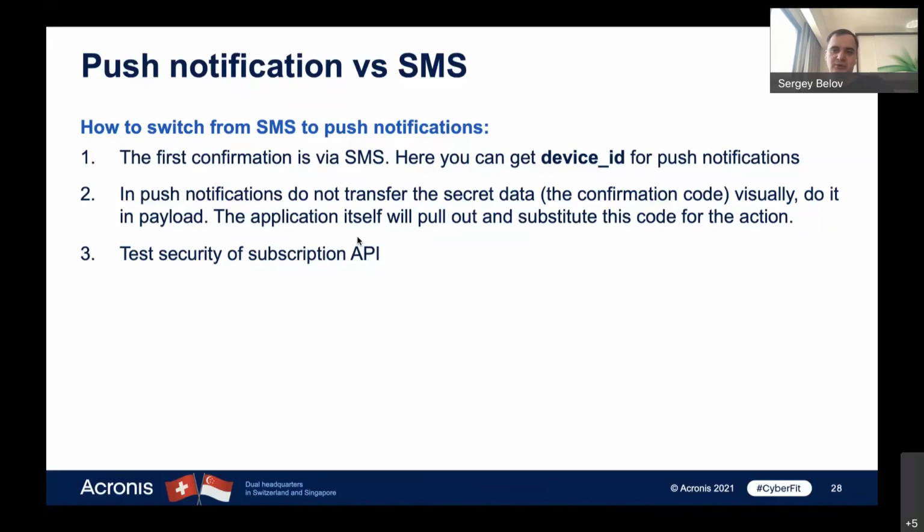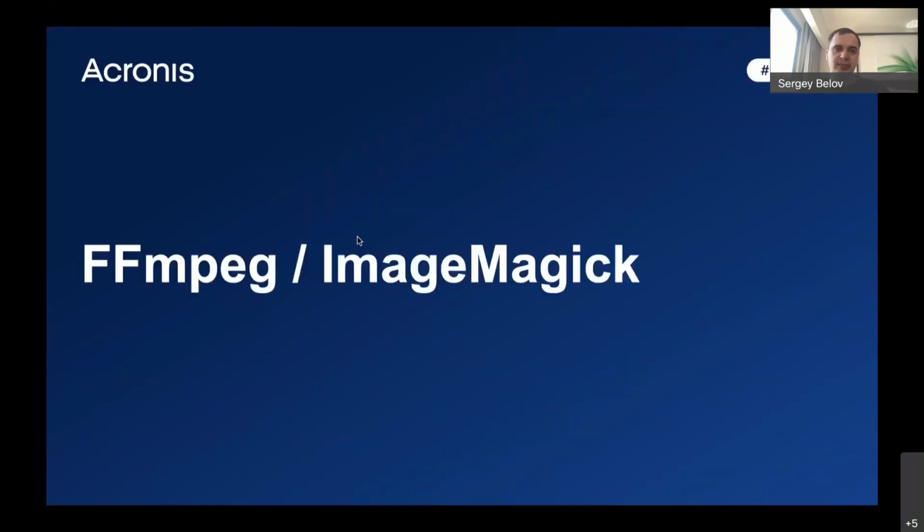Then the user clicks the push notification, which opens the application itself, and everything will be fine. And of course, secure the subscription API, so it's important not to allow any user to subscribe to notifications of any other users.